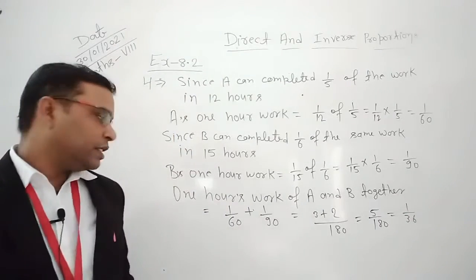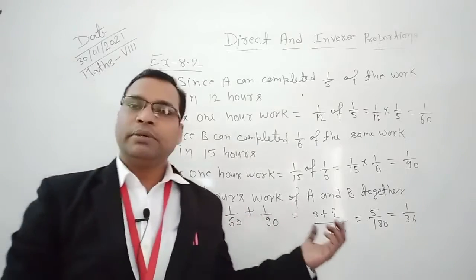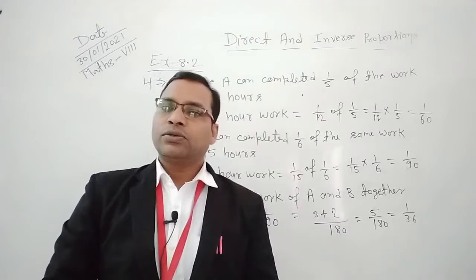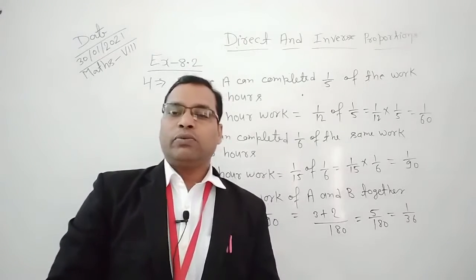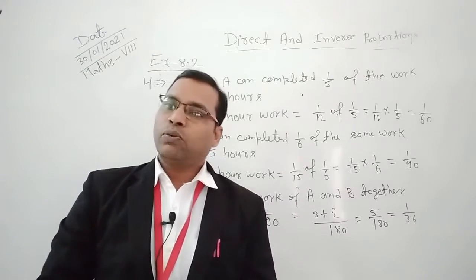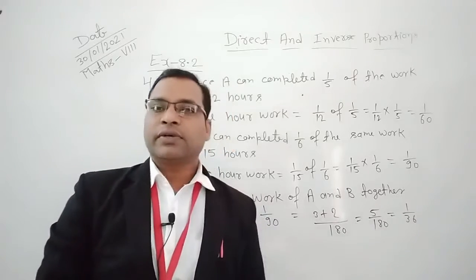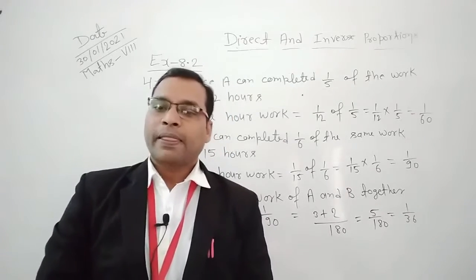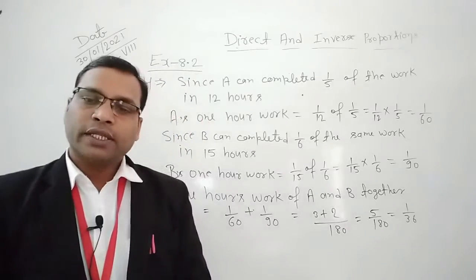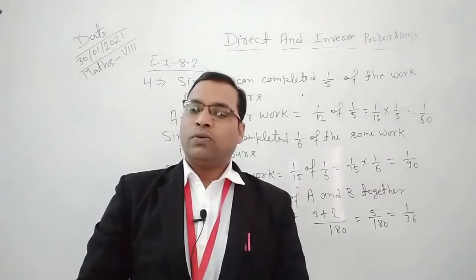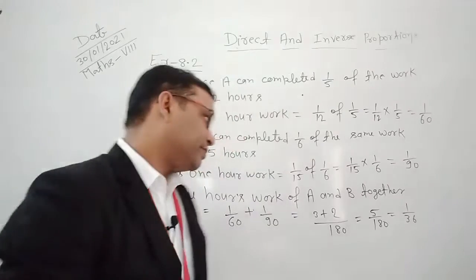So student, you can see here, the 1 hour work of A and B is equal to what? 1 by 36. Clear? So A and B working together can complete the work in 36 hours.